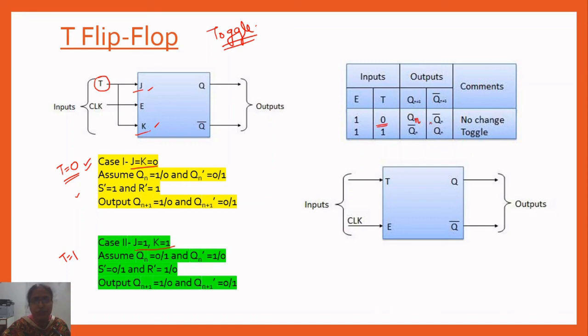Whatever the previous output was, that will come at the present output. If T is equal to 1, then toggle will take place. Whatever the previous output was, the complement of that will occur at the present output. Like this we can verify. So this is the block diagram of a T flip-flop.